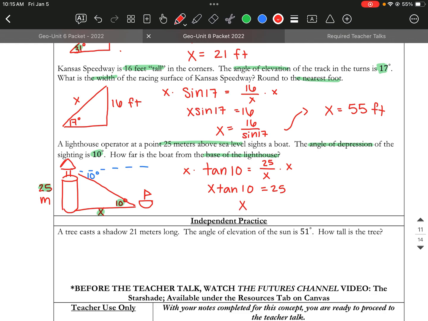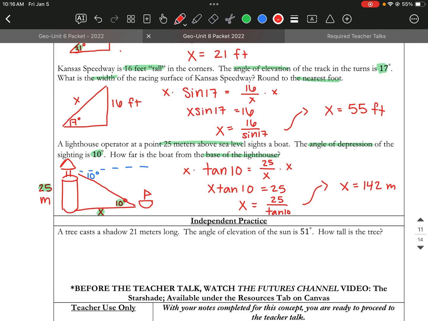To get x by itself, we divide both sides by tangent 10. So x is 25 divided by tangent 10. Put that in your calculator. We want to round to the nearest whole number. It doesn't say that, but that's what we've been doing. And the boat is going to be 142 meters from the base of our lighthouse.